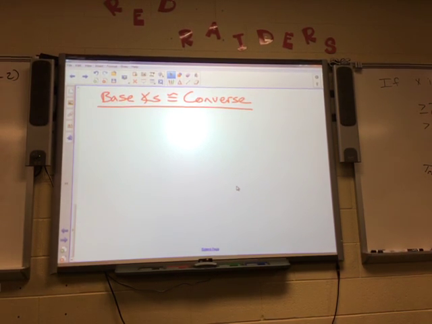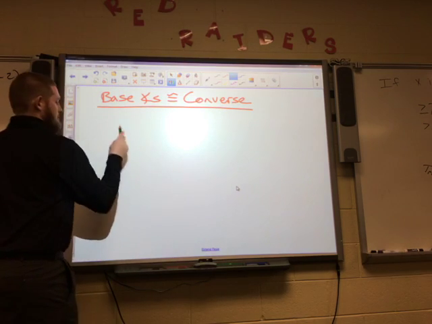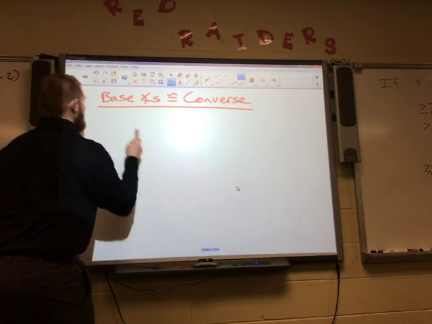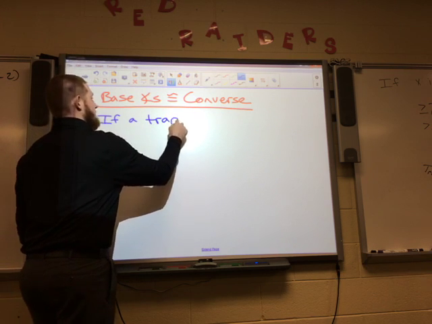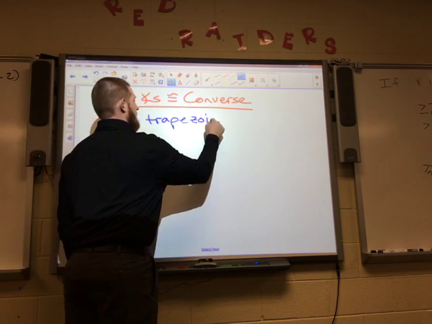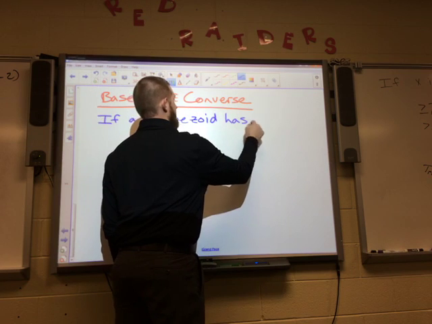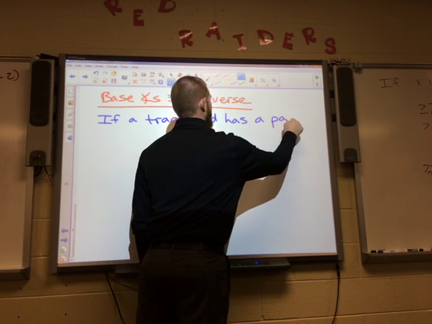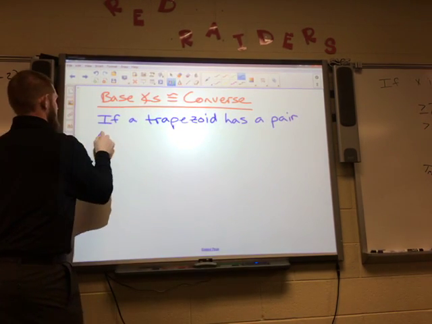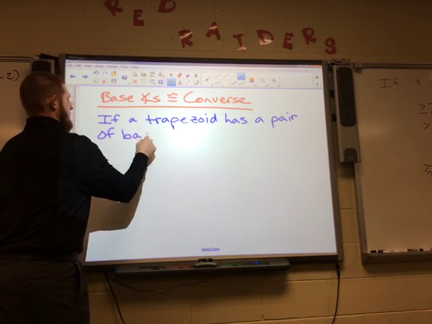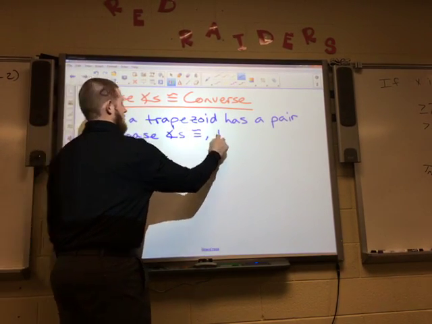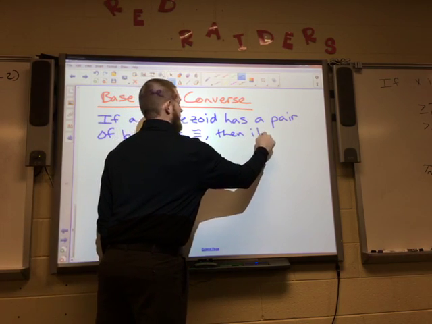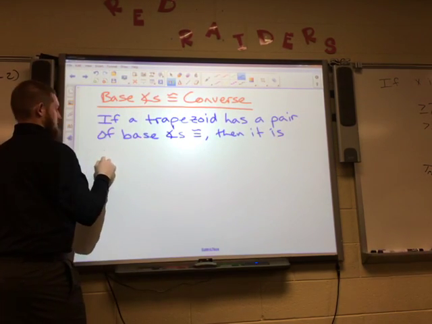If a trapezoid has a pair, not red, blue. If a trapezoid has a pair of base angles congruent, then it is isosceles.